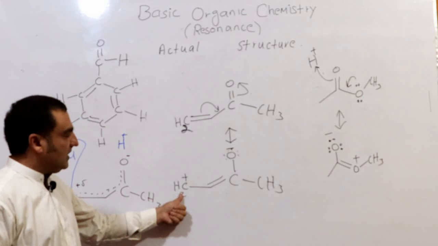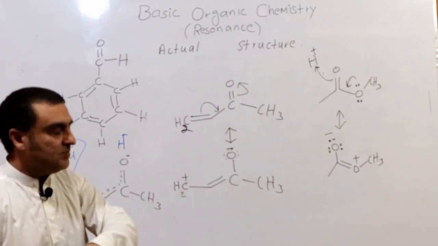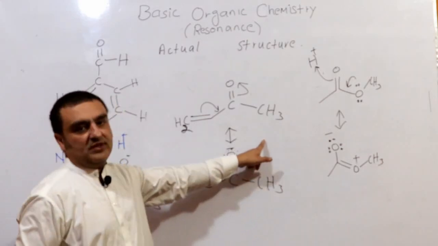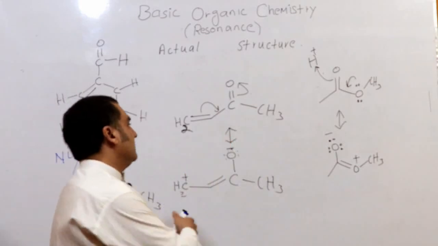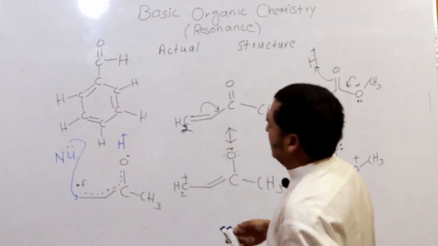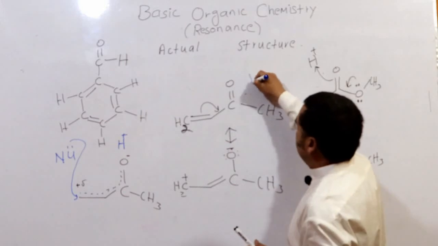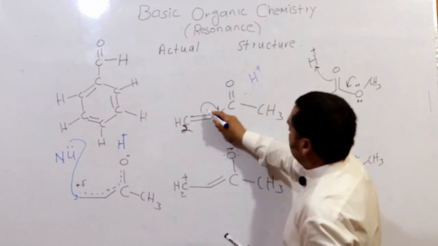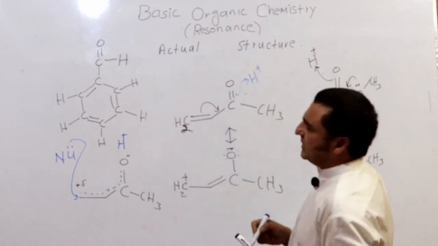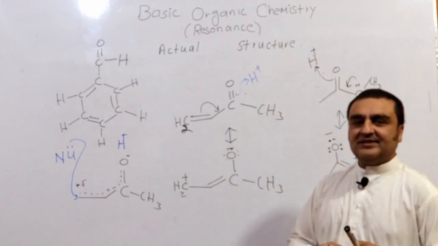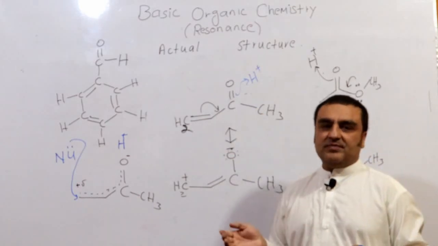So the nucleophile will attack this. If you have any acid or something else, this oxygen will attack. How it will attack? That is for the mechanism. If you have some H plus acid and it shifts here, you can show it like this, it will attack it. Okay, so I hope you understand many things.